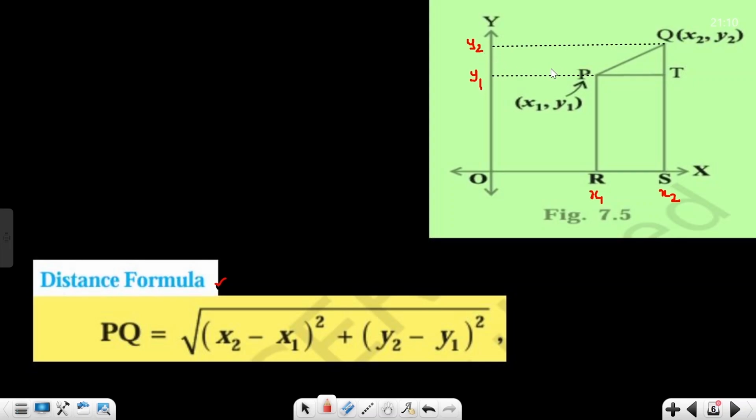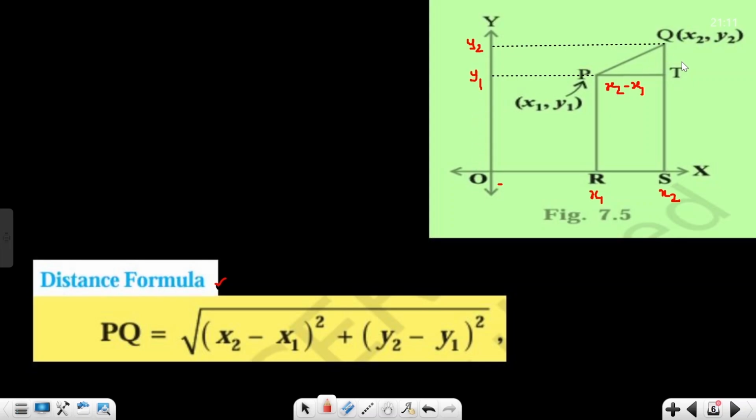How do we find the PQ distance? If the O to R distance is x1 and the O to S distance is x2, we directly subtract x2 minus x1. Similarly, here this distance is y1 and the whole distance is y2.